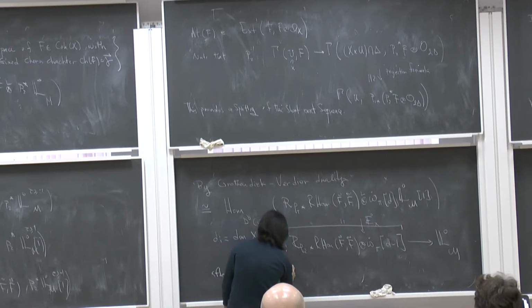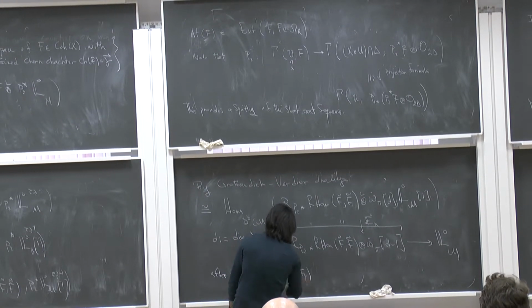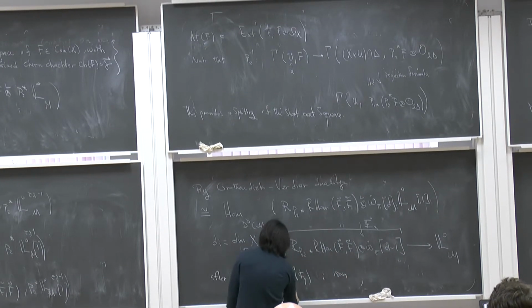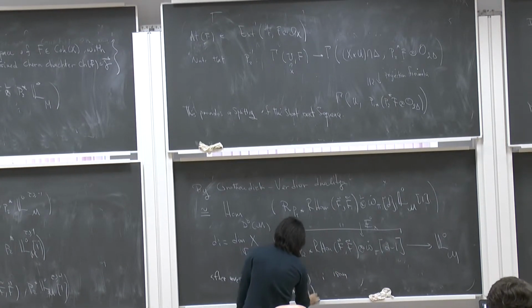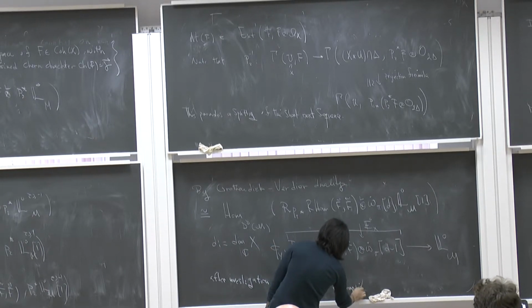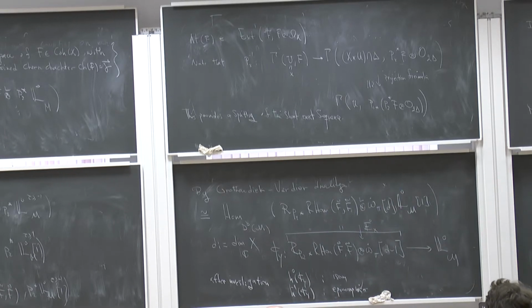that this morphism satisfies the following properties. In the H0 level, it is an isomorphism. And in H minus 1 level, it is going to be an epimorphism. That being for M, the moduli space of coherent sheaves of fixed Chern character on the variety.